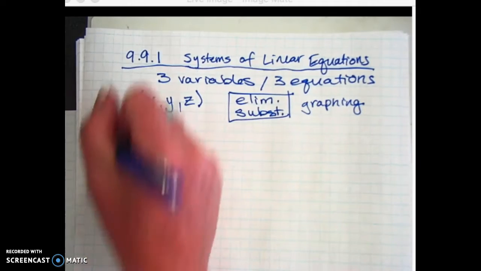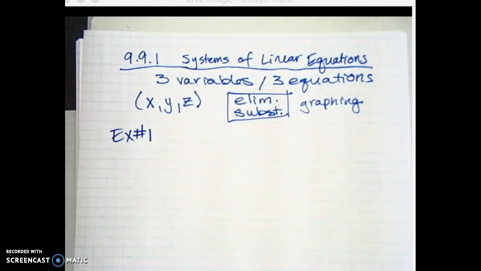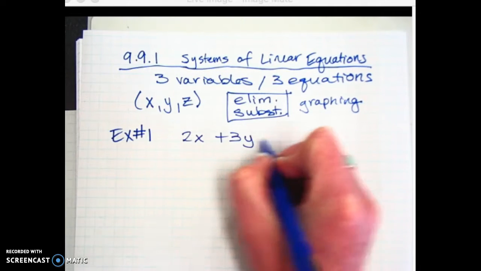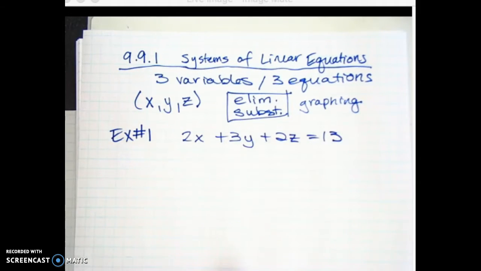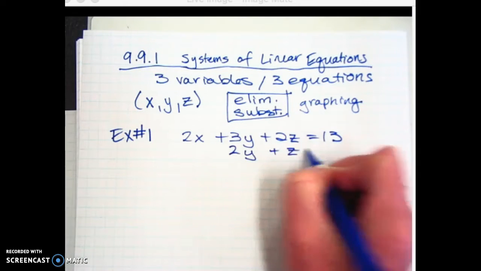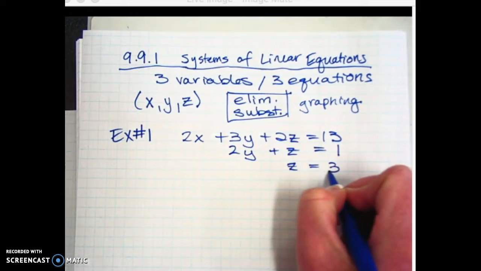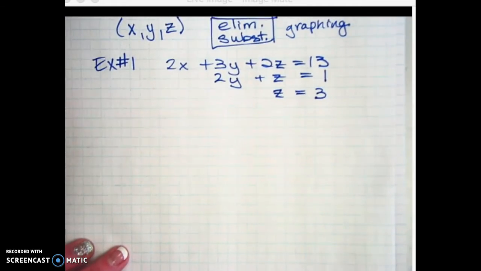All right, so we're going to start with an easy one. So example number 1, I'm going to give you 3 equations. What's nice about example number 1 is one of your variables is already solved.